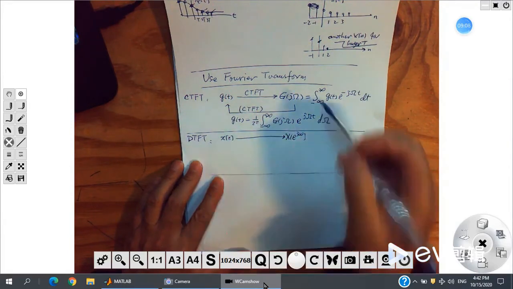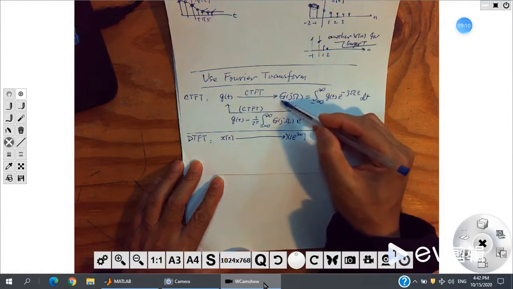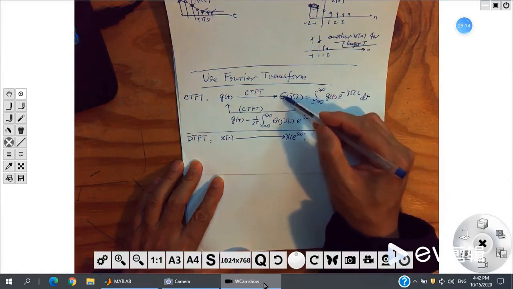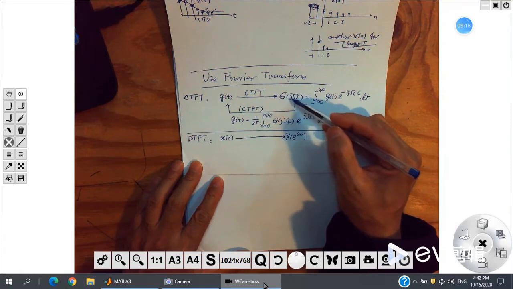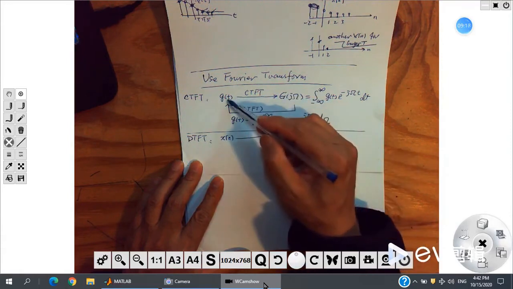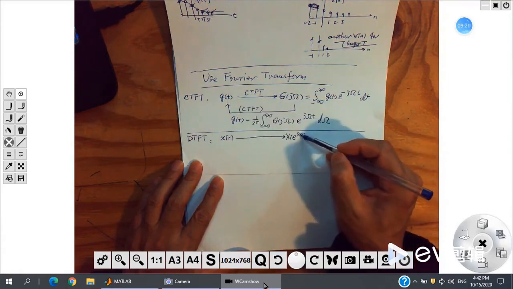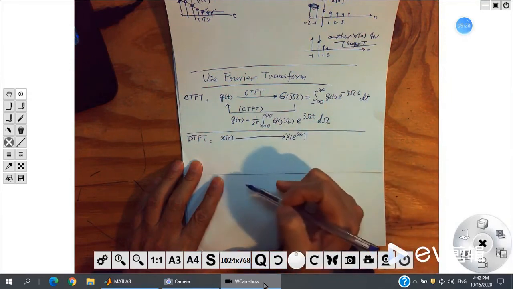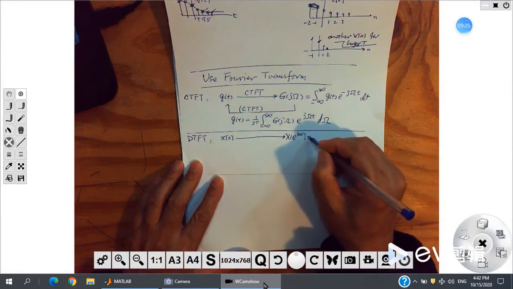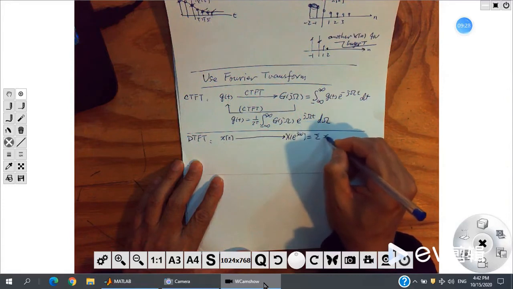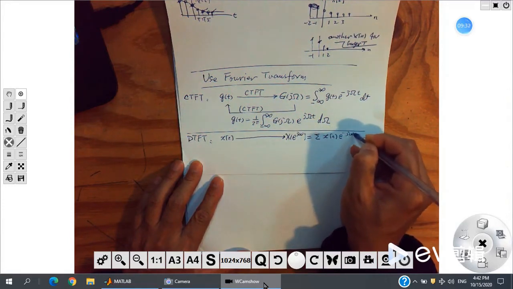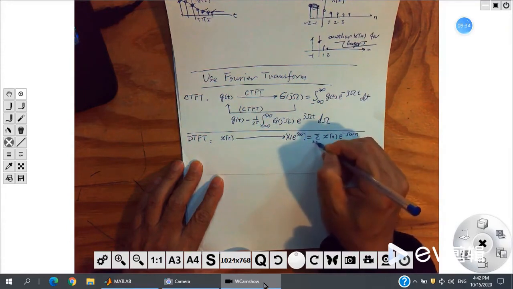Both are frequency, but when you see capital omega, that means this is a Fourier transform of a continuous-time signal. When omega is a lowercase omega, then the time domain is a discrete-time signal. This one is defined as a summation of x of n e to the negative j omega n, where n runs from negative to positive infinity.